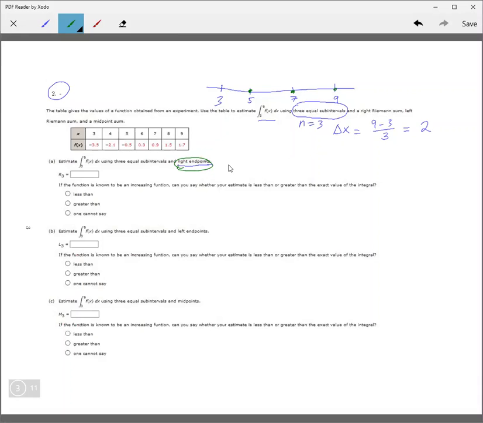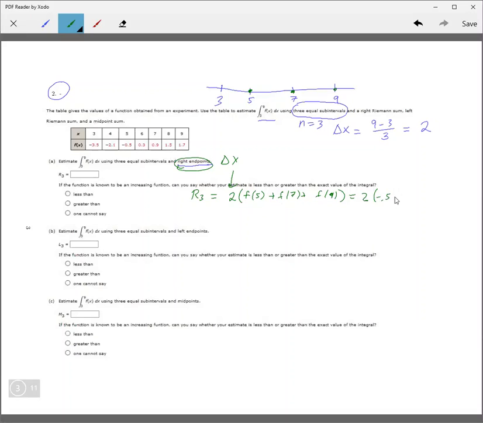And so the Riemann sum is going to be the delta x times the sum of the 3 values. So f of 5 plus f of 7 plus f of 9. And so f of 5 is negative 0.5.